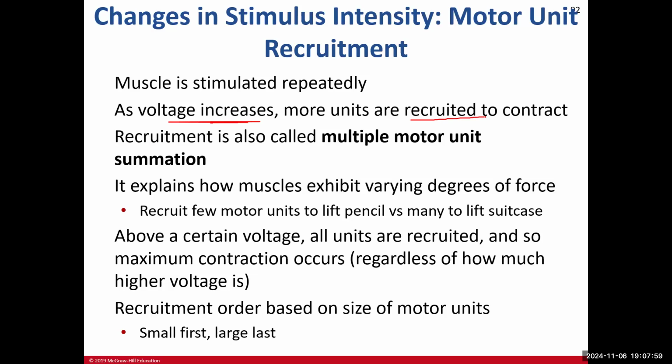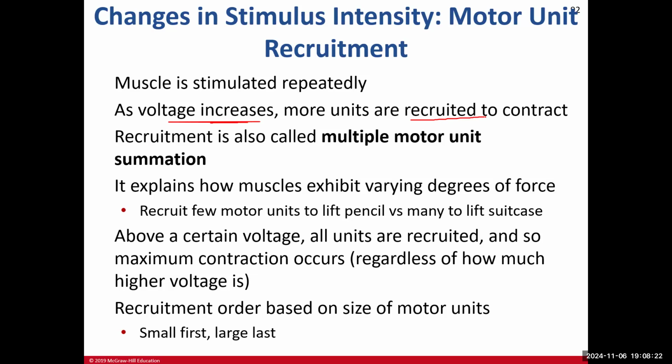So think about this. If you're going to pick up a pencil compared to picking up your backpack, your computer bag, or whatever, which one do you think you recruit more motor units for? Picking up the pencil or picking up a heavy backpack? Yeah, of course. You have to recruit more motor units to pick up that heavy backpack.